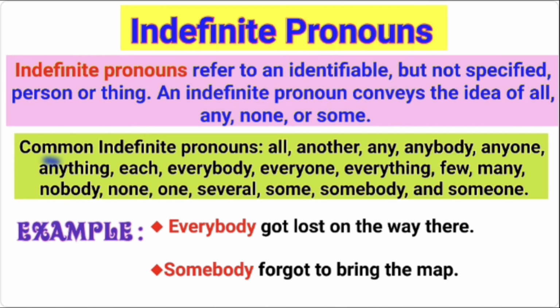Students, a few common indefinite pronouns are all, another, any, anybody, anyone, anything, each, everybody, everyone, everything, few, many, nobody, none, one, several, some, somebody, and someone. So students, these are the examples of indefinite pronouns.